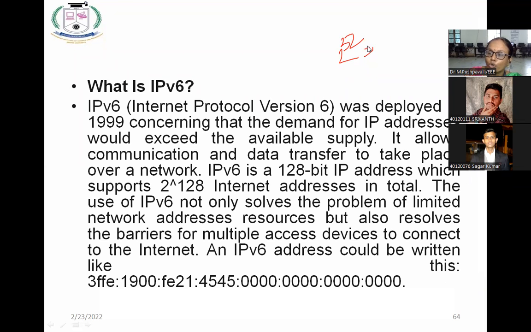There you have 2 power 32 addresses, but here we have 2 power 128 addresses. In that 128 bits, how many fields are there? 1, 2, 3, 4, 5, 6, 7, and 8. Each field has 16 bits.